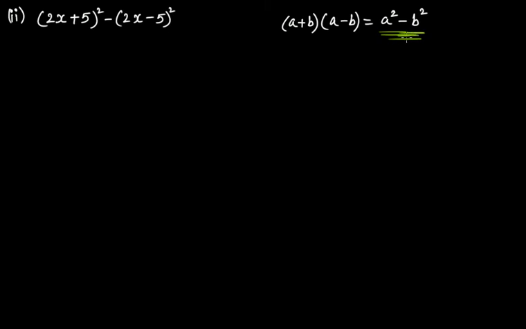Now, you can solve this by simplifying (2x plus 5) whole squared, that is, (a plus b) whole squared, and then (2x minus 5) whole squared, that is, (a minus b) whole squared, and subtracting.